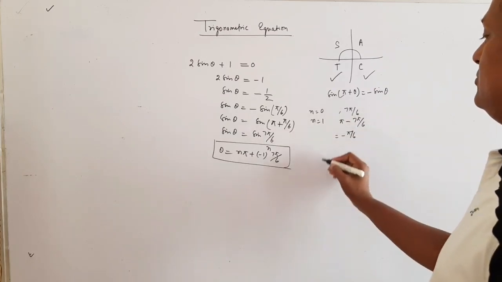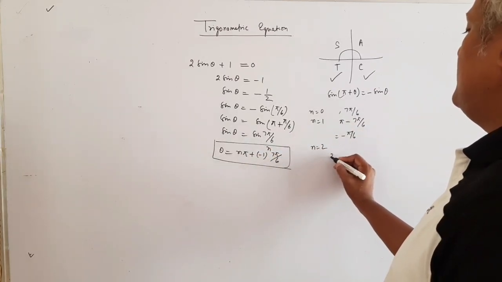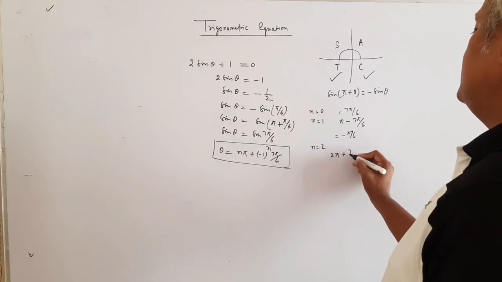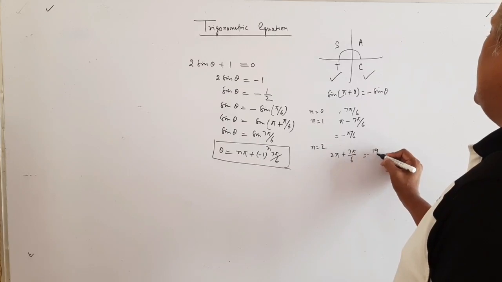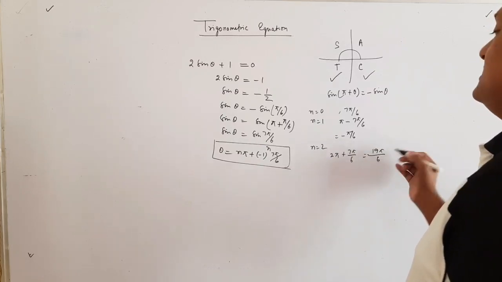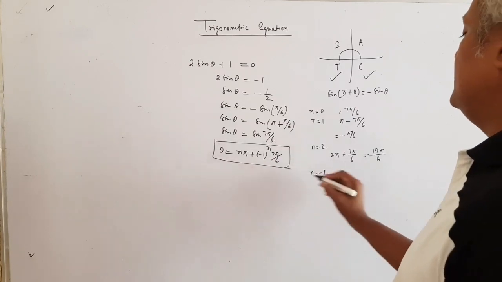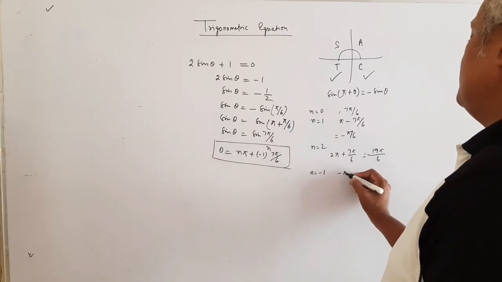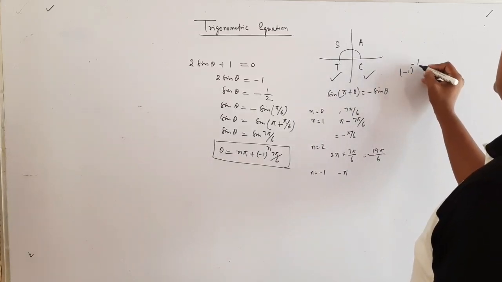This is the second value. If you take n equal to 2, then this is 2 pi plus 7 pi by 6. 6 plus 12 is 18, plus 1, 19 pi by 6. This is the third value. If you take n equal to minus 1, then you get minus pi, minus 1 to the power minus 1 is how much?